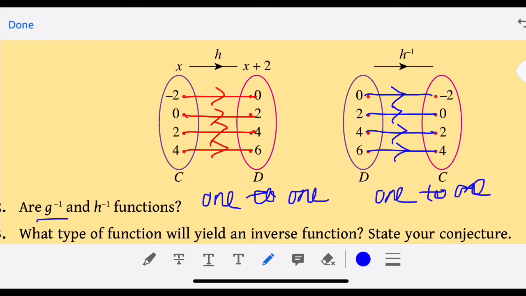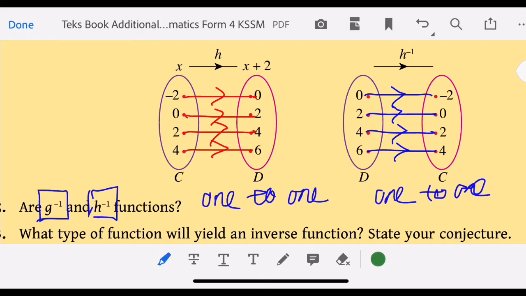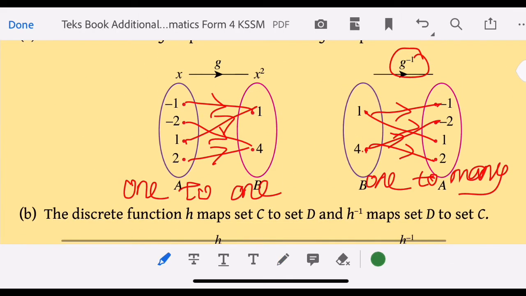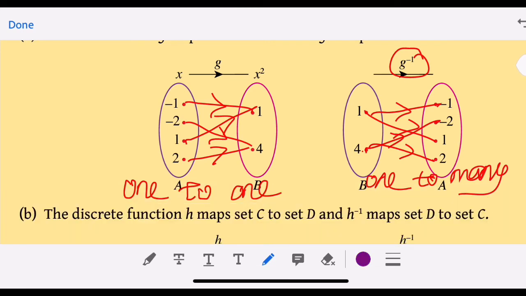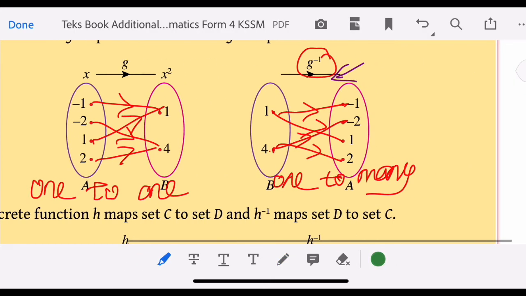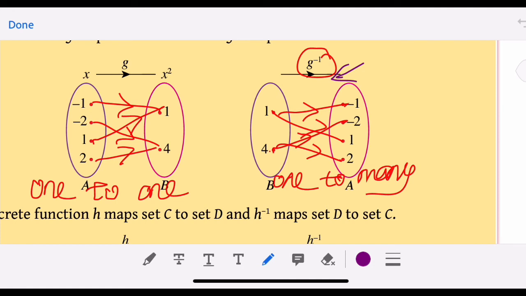So now, are g negative 1 and h negative 1 functions? That means, are the inverses functions? G negative 1 is not a function. Let's write down properly: the inverse of g is not a function.